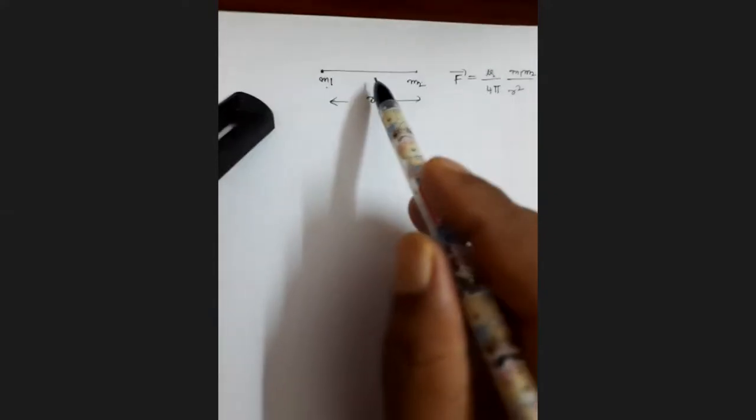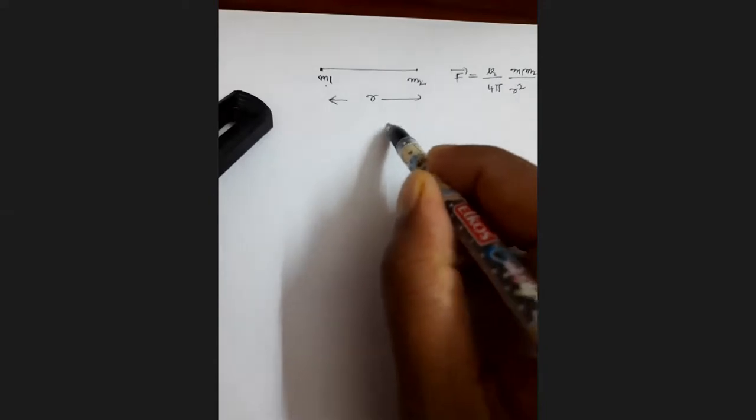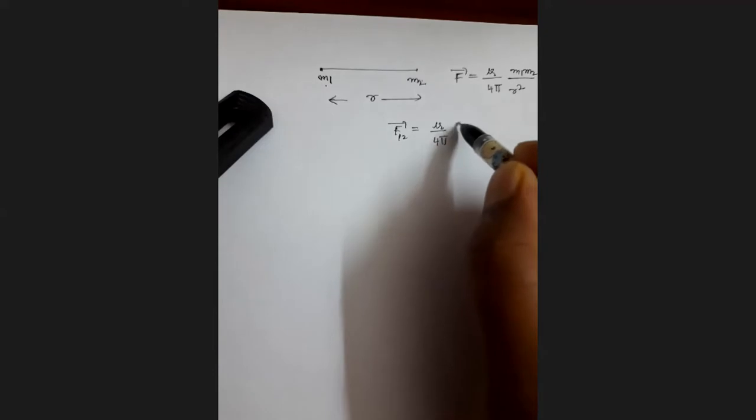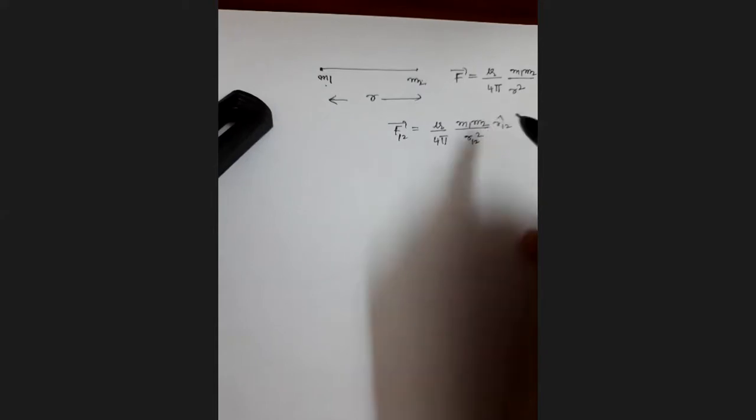These are equal in magnitude and opposite in direction. So the force exerted by M1 on M2, we can write F12 bar equal to mu naught by 4 pi M1 M2 by R12 square into R12 cap.